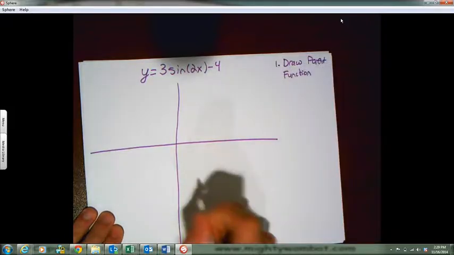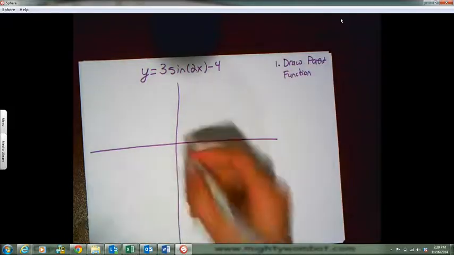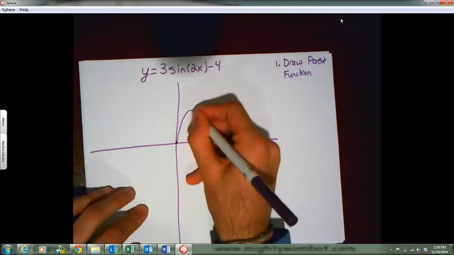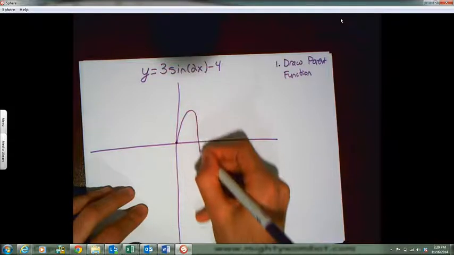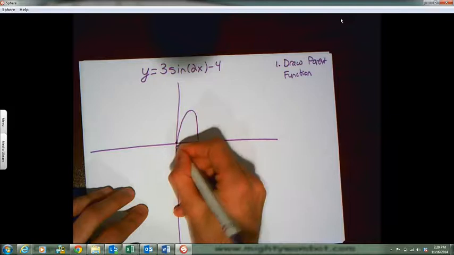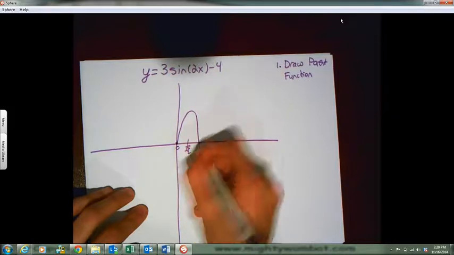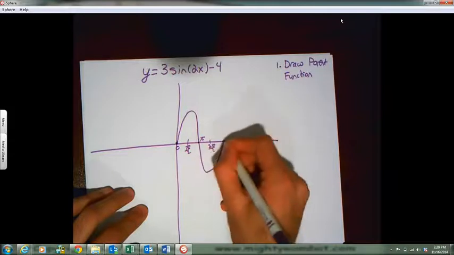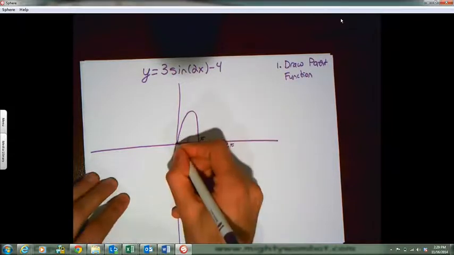So the parent function is y equals sine of x. We'll start here at 0, 0, come up to 1, down to 0, down to negative 1, and up to 1. So here's 0, here's pi over 2, here's pi, 3 pi over 2, 2 pi, down.